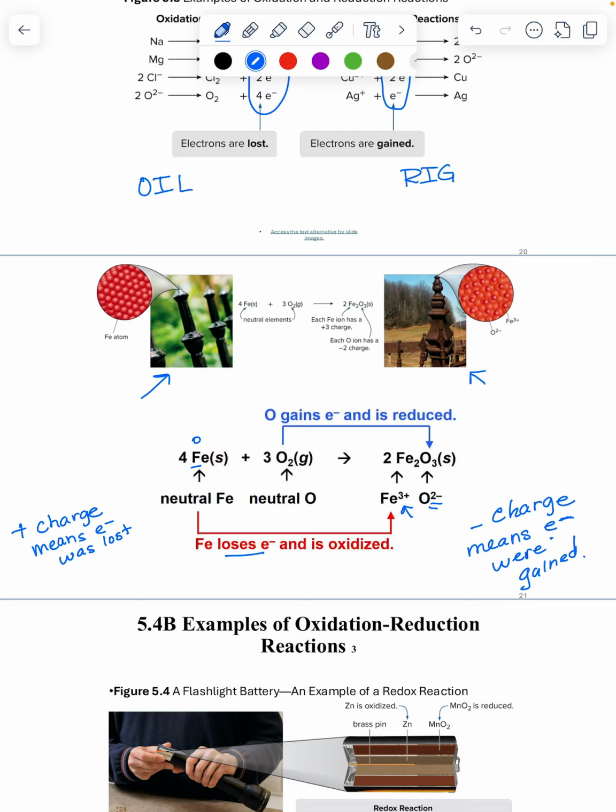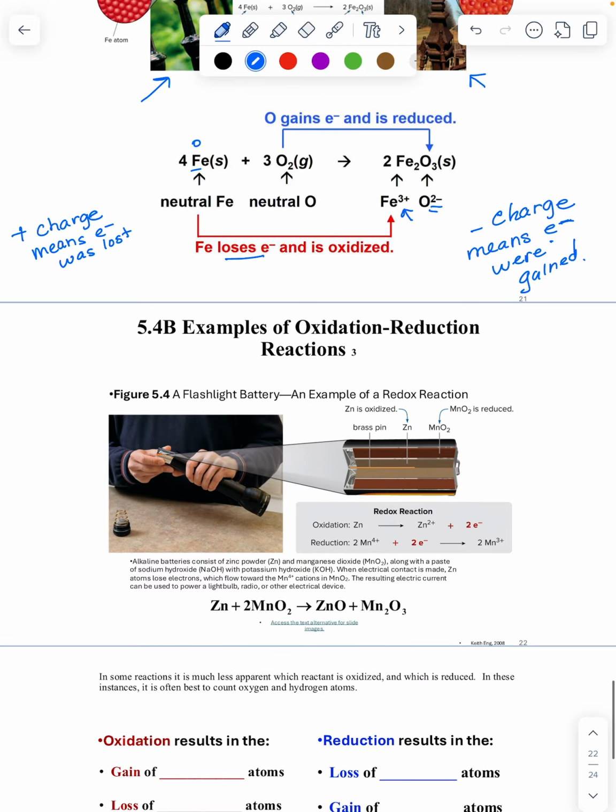Some other examples of redox reactions have to do with batteries. Anytime you see a battery, inside that battery there is a redox reaction taking place. Here is a typical flashlight battery. Looks like a C battery. You see that inside the battery you have zinc oxide and manganese oxide.